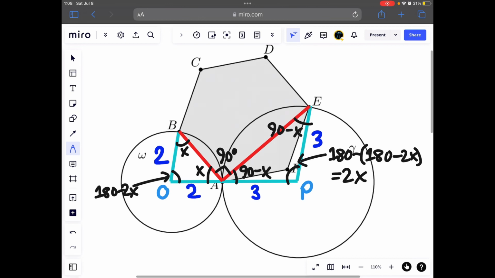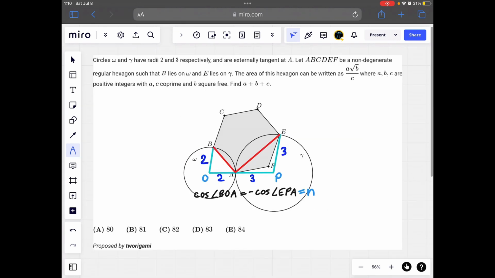That's important because we are going to use the law of cosines on both triangles now. The cosine of angle BOA is equal to negative of the cosine of angle EPA. This common value is to be denoted as n. Then we can use the law of cosines on triangles BOA and EPA.